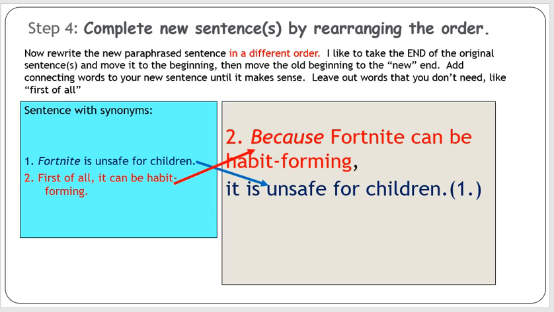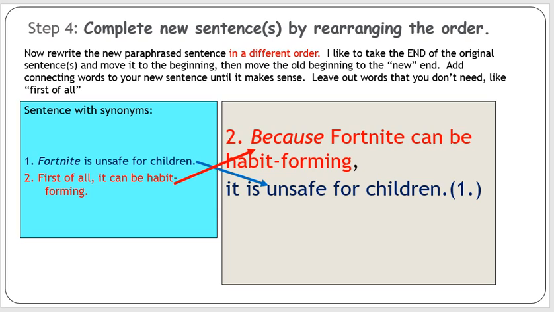So it's like this. If the sentences we changed were, number one, Fortnite is unsafe for children, and number two, first of all, it can be habit forming, what I'm going to do then is focus on sentence 2 to begin my new sentence. I'll have to add a word or two to make it make sense.